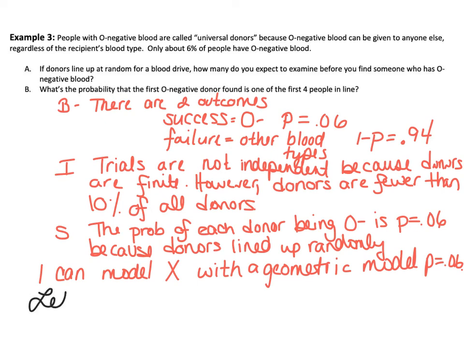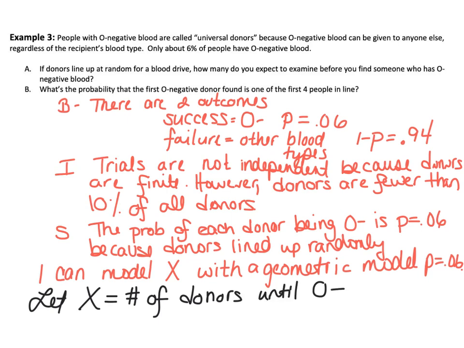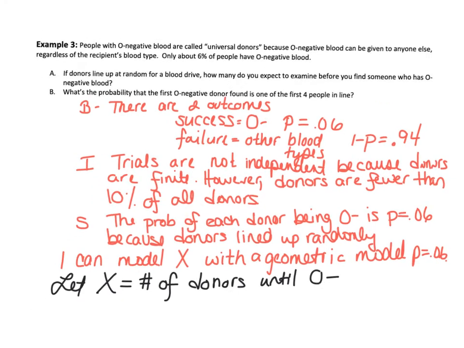So I really need to say what capital X is. I'm going to say let X be, it has to be a number, so the number of donors until I get somebody who is O negative. Okay, so we're asked how many do we expect to examine before we find someone who is O negative.